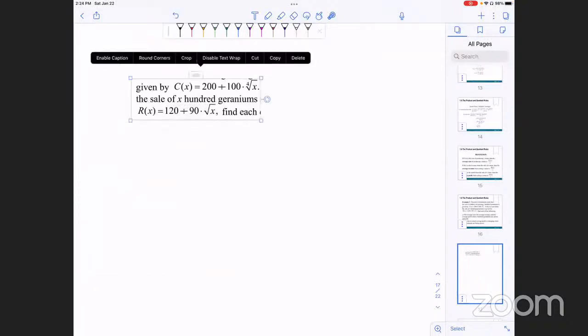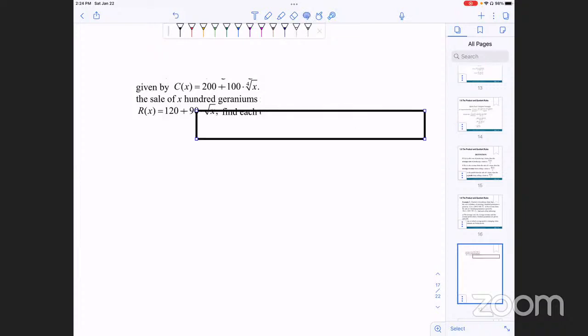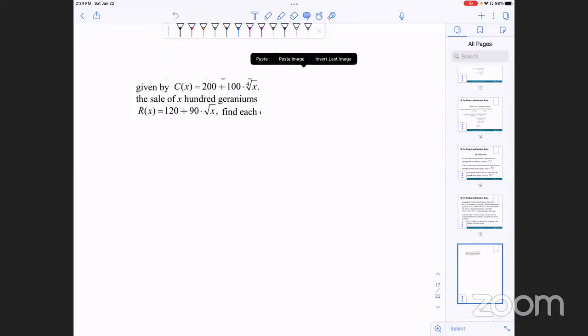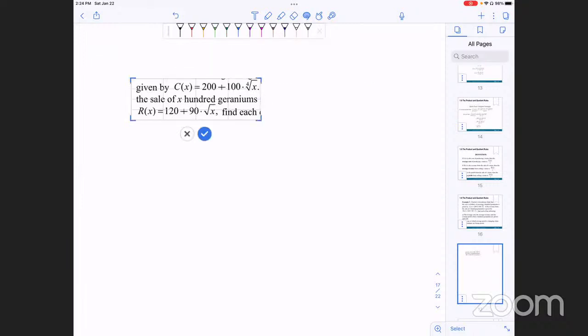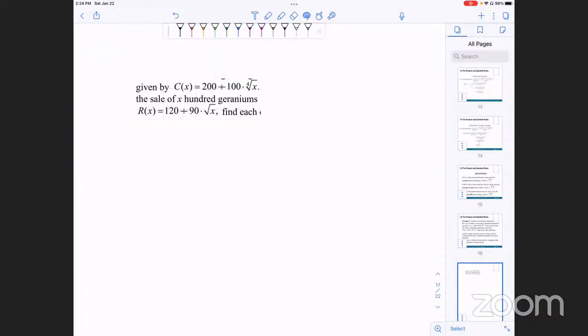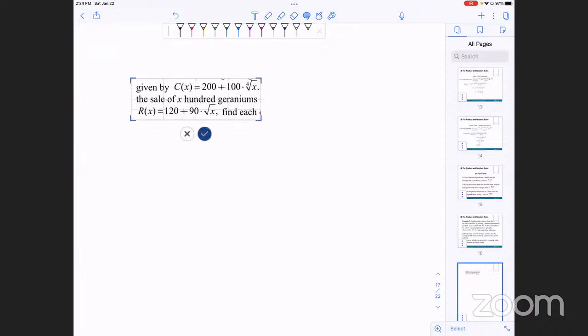Okay, copy. That's why it's not copy and paste.